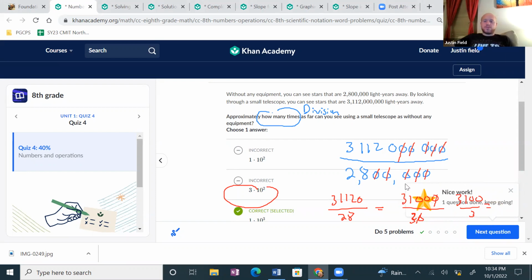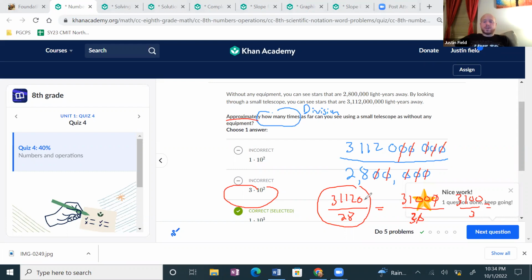So what did I do here? I knew it was division. I put them in standard form over top of each other. I started crossing out the zeros. And then I got this. And then I said, it says approximately. You heard me say it.